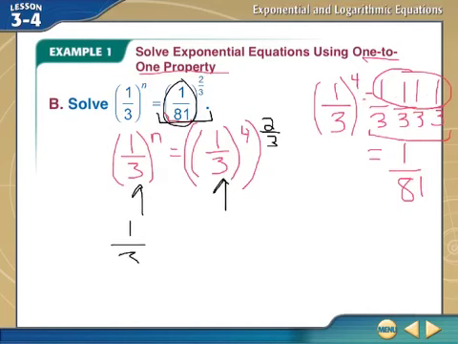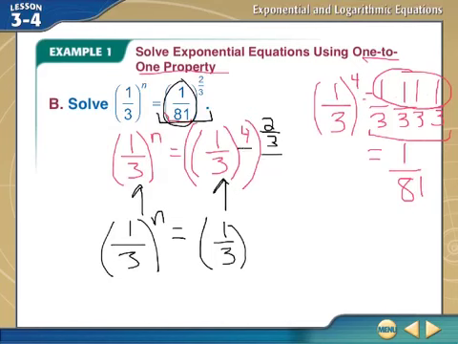I have 1/3 to the nth power equals that. If I apply our power properties here, a power to a power means I multiply those powers. So I have 4 times 2/3, which is really just 8/3. 4 over 1 times 2 over 3 is 8 on top and 3 on bottom. So I get 1/3 to the 8/3.